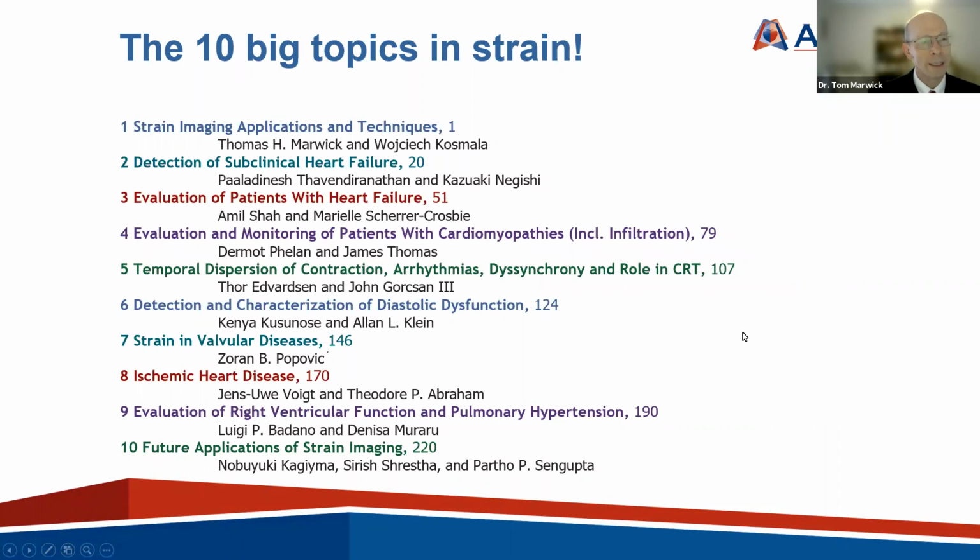So this is the list of 10 big topics. We tried to keep the book focused on things that we thought were clinically important for people using strain in their clinical practice.